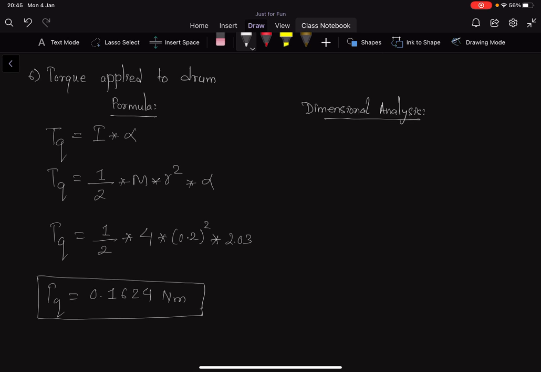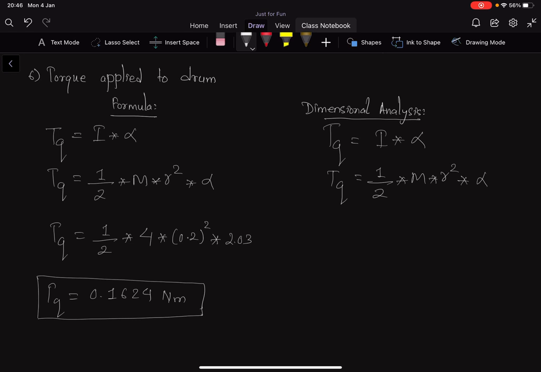Similarly, we are going to apply our dimension analysis. Now remember, when you apply dimension analysis, we have to convert every relationship into its fundamental dimensions, which are length, time, and mass. So we're going to use the same relationship of torque. Our torque TQ equals inertia times angular acceleration, which is half mass times radius squared times alpha.